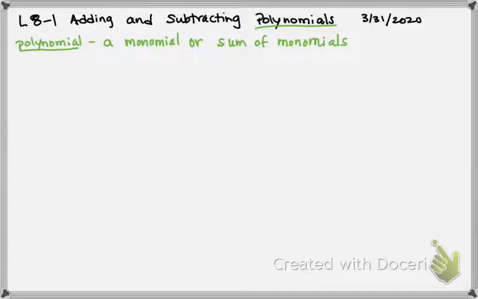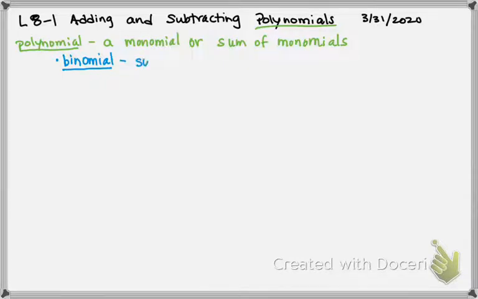Now there are two other types of polynomials that are important. So important they have their own names. So the first one is a binomial. The term in the front, the prefix, is basically telling you how many terms it is. So a binomial, like a bicycle, is two terms, okay?